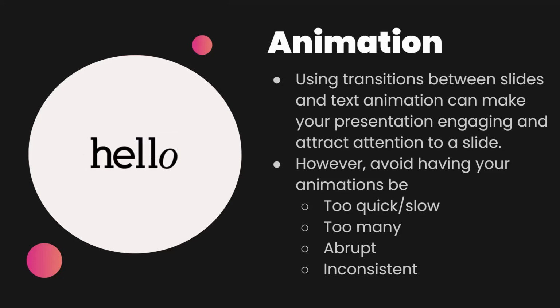You don't want anything too abrupt, because, as I said, animation can attract attention, and you don't want to draw attention to something absolutely random in your PowerPoint, right? And inconsistency as well. You don't want to have something flying in, but also something fading in. If you're going to have animation in your PowerPoint, it's better to be consistent with that as well.